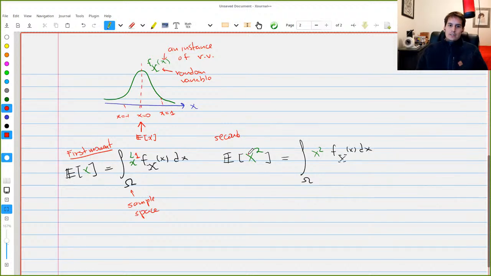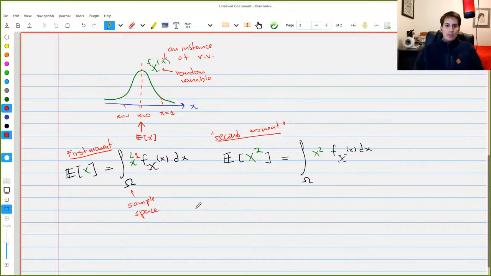Well, this is not exactly the second moment, but this is the second moment. And I'm not sure if you remember, but if you saw probability, you saw a function that is called the moment generator function.